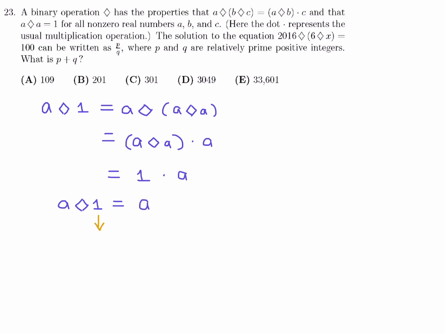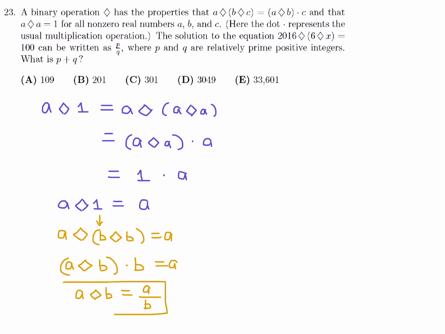For A diamond 1, 1 can also be B diamond B, because it's true for all non-zero numbers A, B, and C. So this 1 is B diamond B. Now, we go right back to the definition, and it would be A diamond B times B, and that's equal to A. And then A diamond B, you put the B on the other side, so it'd be A over B, like that.